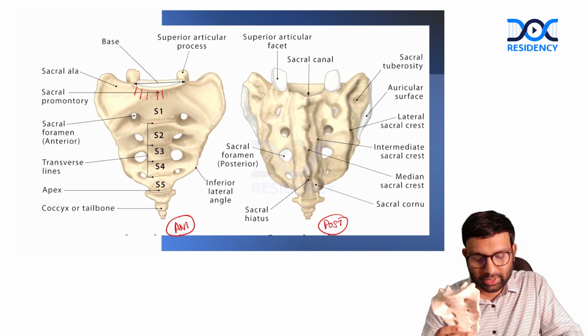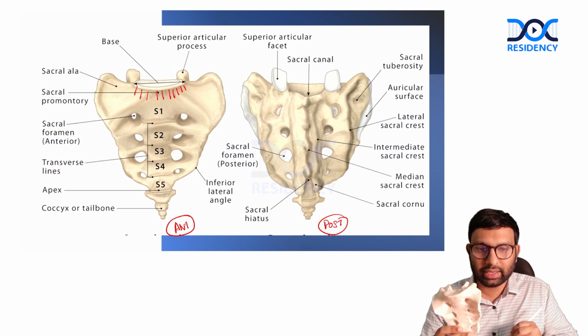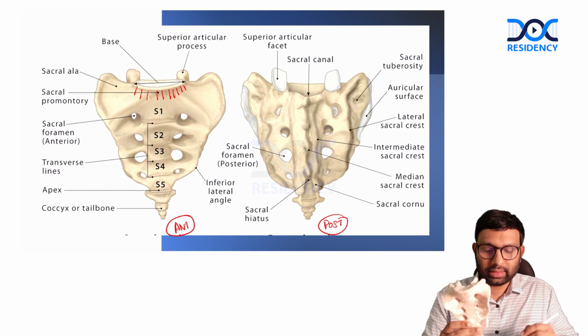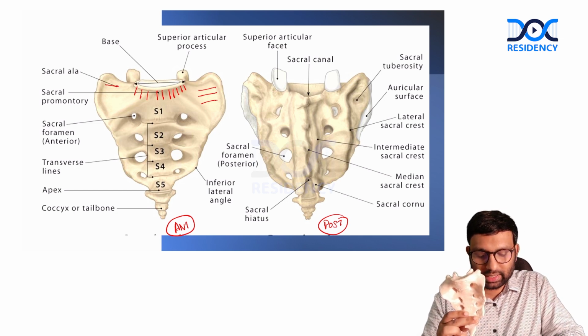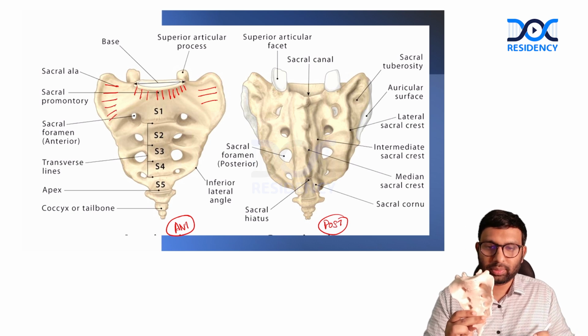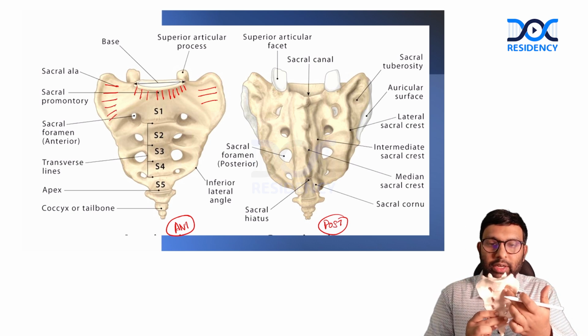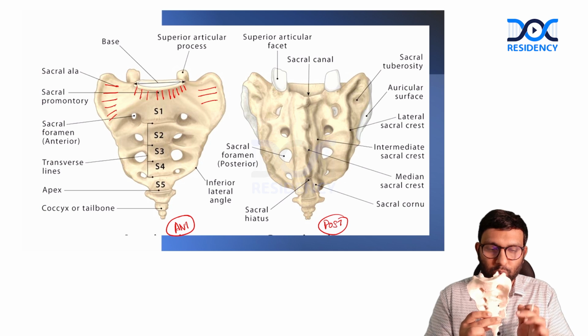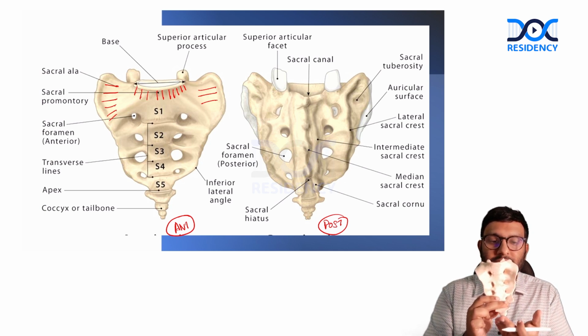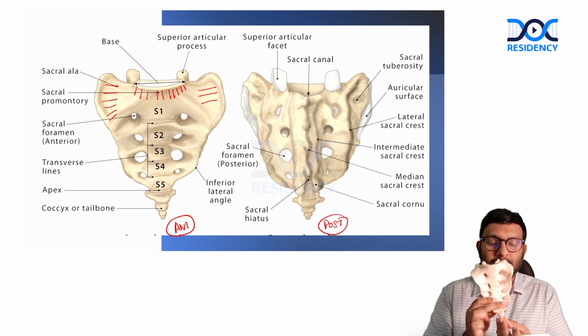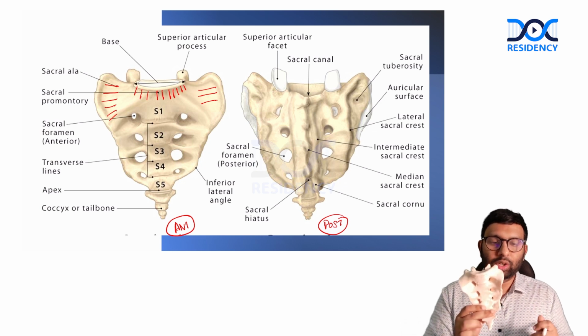Let me mark it in the image as well. This is the sacral promontory, that was the base. And then on the sides here, you have your sacral ala, which has cancellous bone. And then there are foramens right from S1, S2, S3, S4 going downwards. Then you have the coccyx or tailbone on which you sit. Coccydynia is one of the symptoms that occur when you have an abnormality in the coccyx.